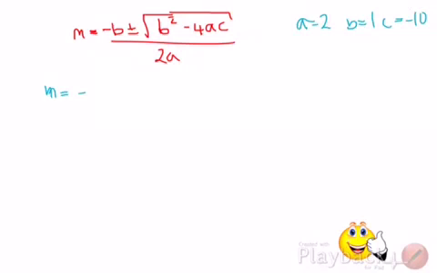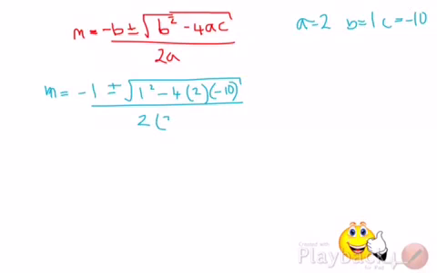So minus b is minus 1, plus or minus the square root of 1 squared, minus 4 times 2 times negative 10, all over 2 times 2. So m is equal to, so minus 1 plus or minus, when you solve what's underneath the root, you get 81, all over 4.